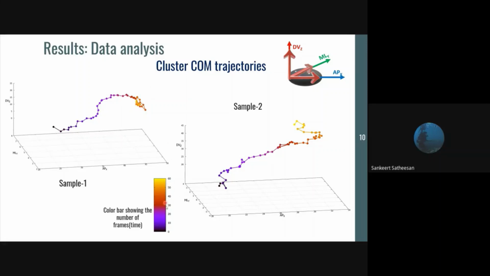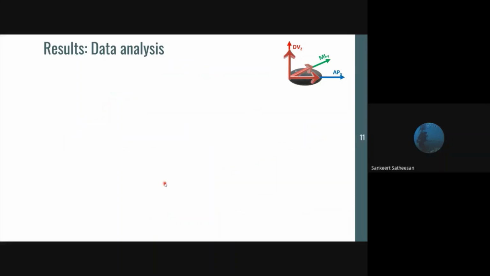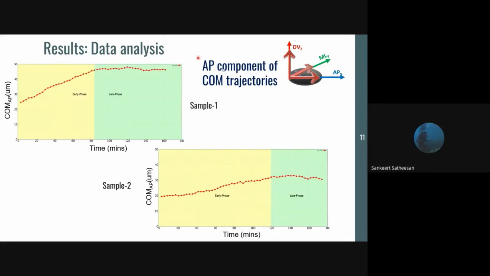This color bar represents the time. To get an in-depth understanding of the movement in the respective axes, we plot each component. In the AP component of the center of mass, anterior-posterior axis, we divided the whole migration into early and late phase.